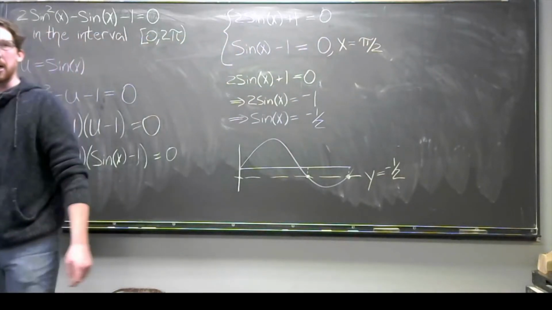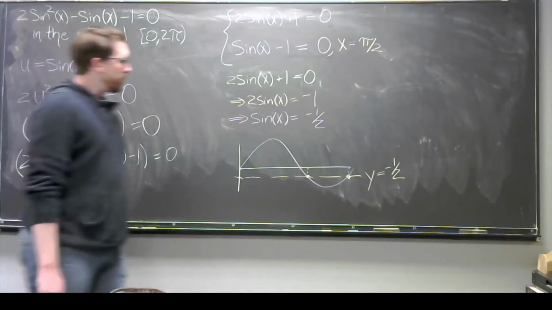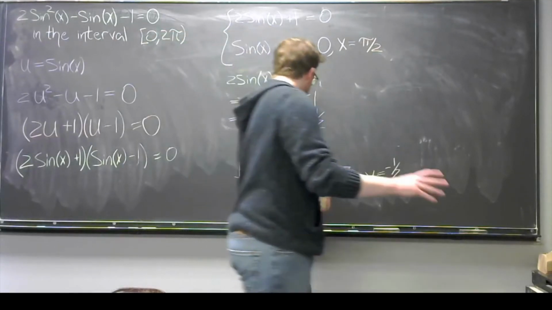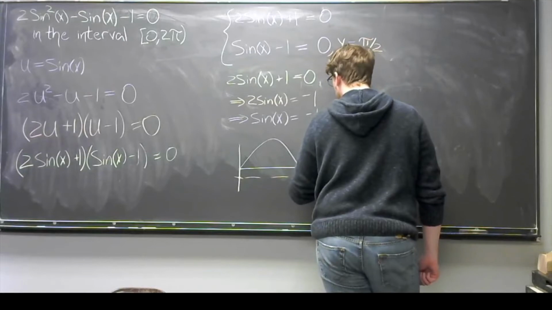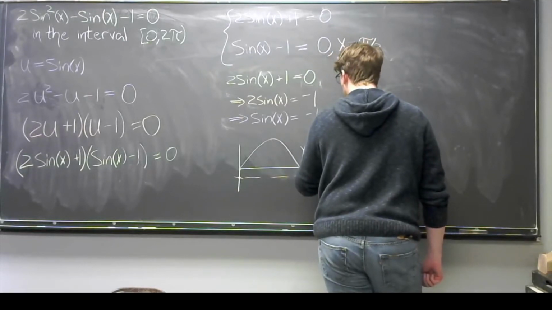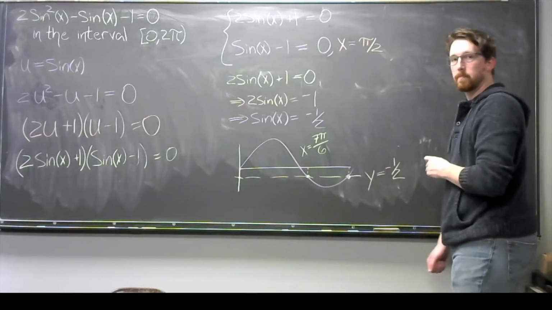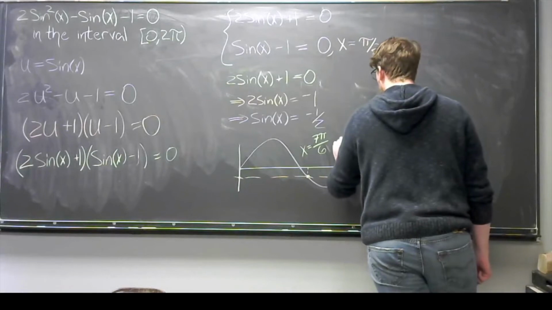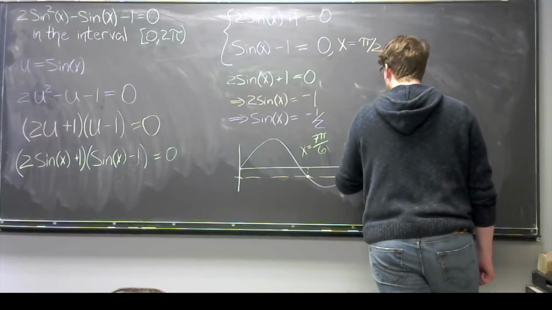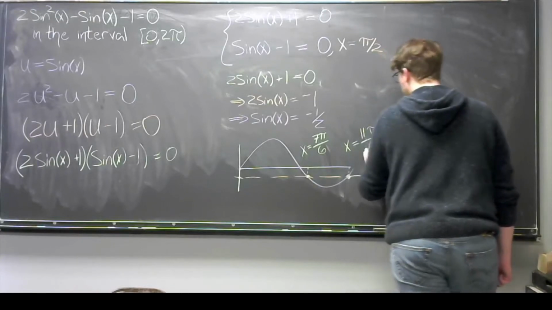So what are these spots? When does this occur? Well, it's going to occur whenever x is equal to 7 pi over 6. And this is going to occur whenever x is equal to 11 pi over 6.